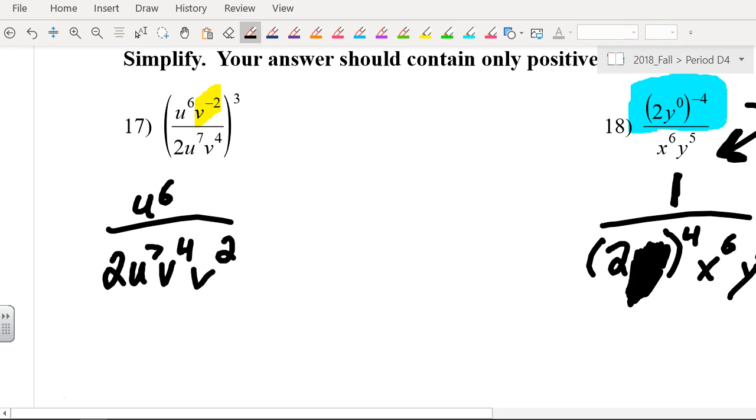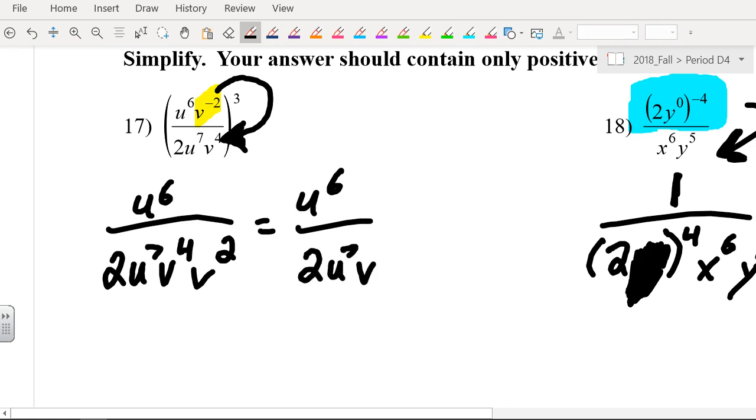So these v's are going to become, because this moved to the denominator, those two v's in the denominator are going to become v to the 6th. So now we've got u to the 6th over 2u to the 7th v to the 6th.